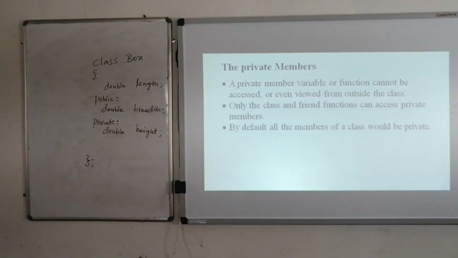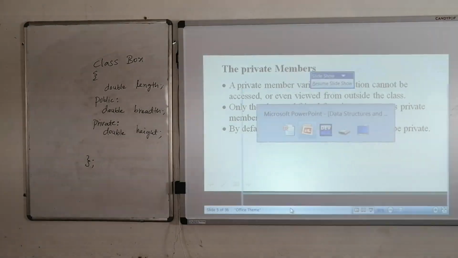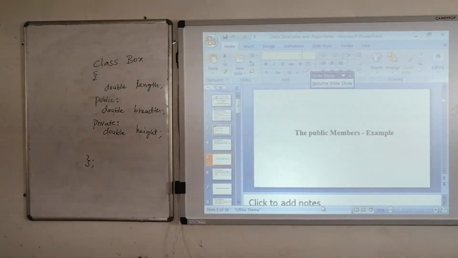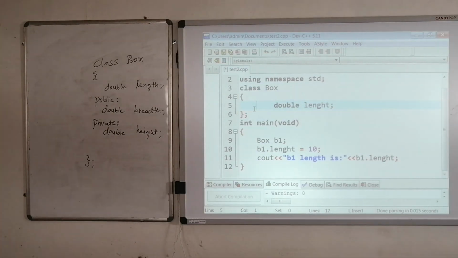The same program. We'll go to that same program. Yeah, this is my program. So here what I have to do, this length I have to make it as default. Yeah, this length is default.